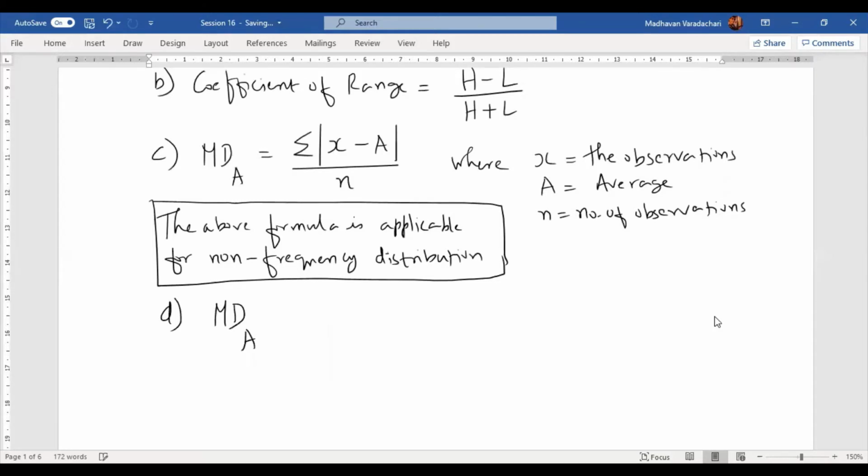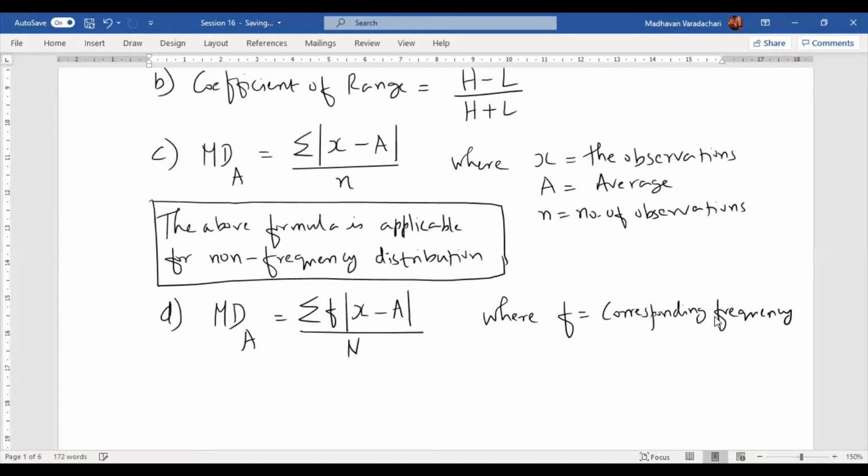MD suffix A: if it is a frequency distribution, then in the summation, you will also multiply the corresponding frequency into that modulus of X minus A, or you can say the absolute value of X minus A, divided by, instead of small n, it will become capital N. So I can say where f is the corresponding frequency and capital N is the sum of all the frequencies.